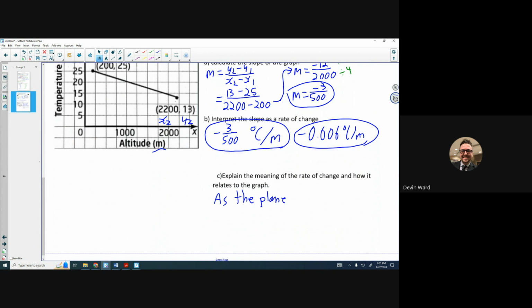the plane's altitude increases, and we can even be specific, as it increases by 500 meters, the temperature will decrease by 3 degrees Celsius.